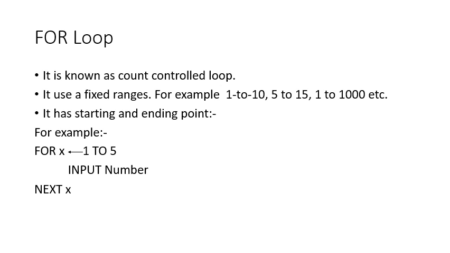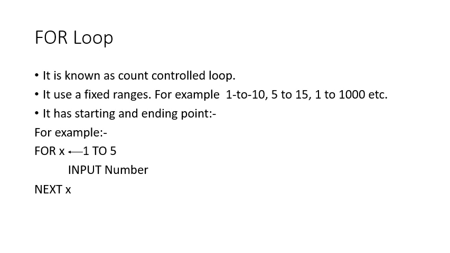The for loop is known as a count-controlled loop. It uses a fixed range, for example 1 to 10, 5 to 15, 1 to 1000. It has a starting and ending point.